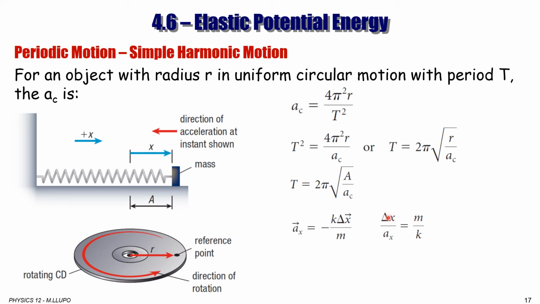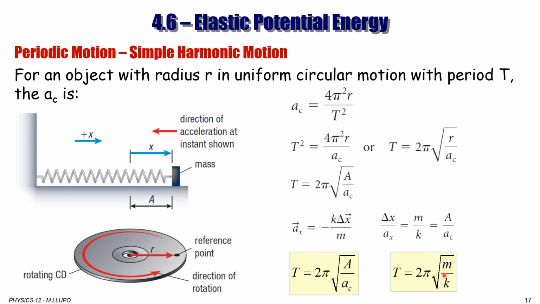But delta x is the amplitude, right? So that means it's A over a_c. But remember that A over a_c we already found. So we can say the period is equal to 2 pi A over a_c, or T is equal to 2 pi, and A over a_c is equal to m over k.